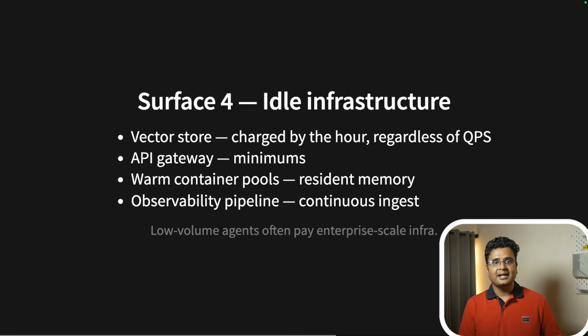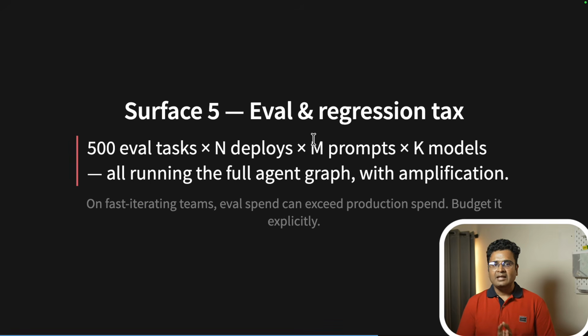boutique scale usage. And surface number 5 is eval and regression tax. And this is the one that nobody talks about. The cost of knowing that your agent is still working. Now, every meaningful agent system needs a regression harness. That means a set of task samples you need to run against the current and the previous version.